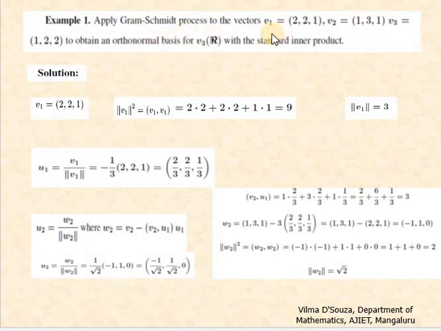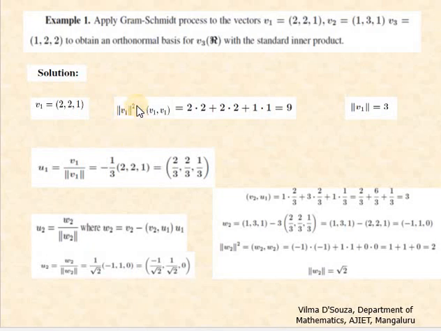You are given three vectors: V1 is (2, 2, 1), V2 is (1, 3, 1) and V3 is (1, 2, 2). You need to find the orthonormal basis from these three vectors using the Gram-Schmidt process. Now V1 you have directly: V1 is equal to (2, 2, 1).